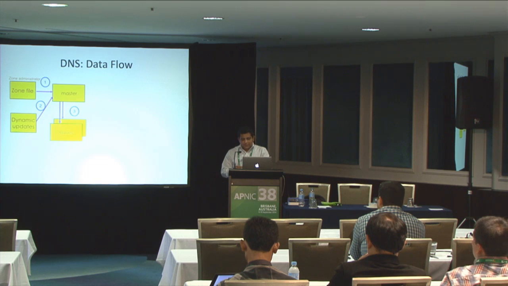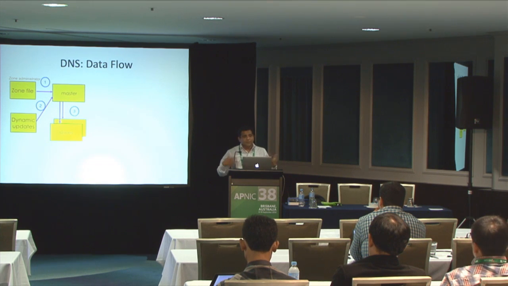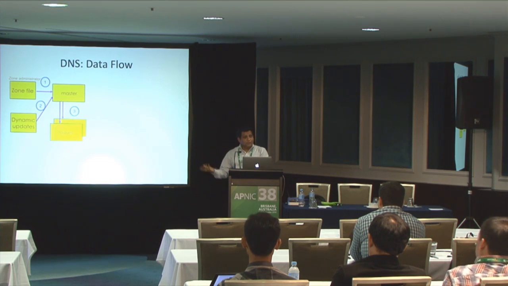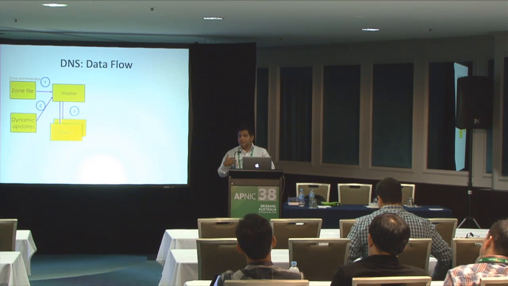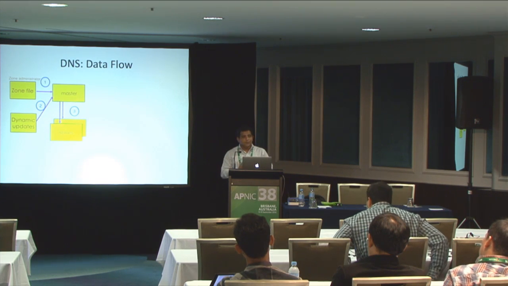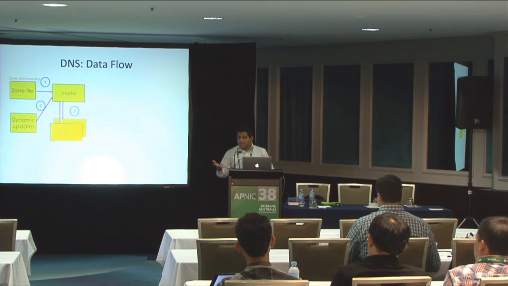Okay. So we have some transactions between our primary name servers and secondary name servers. When I say transactions, because we have these zones written into our primaries, they need to be transferred to secondaries because they are identical. They are all our authoritative name servers.